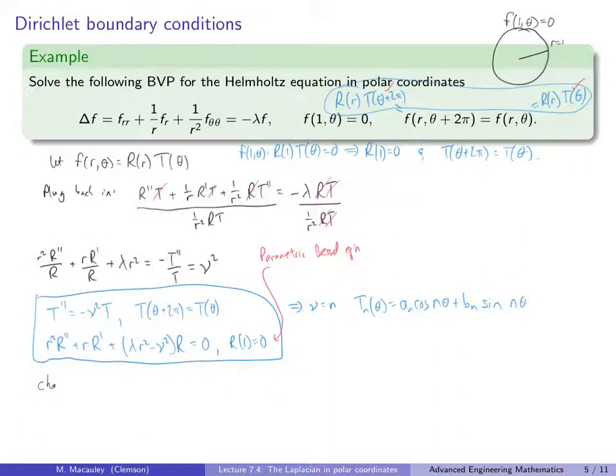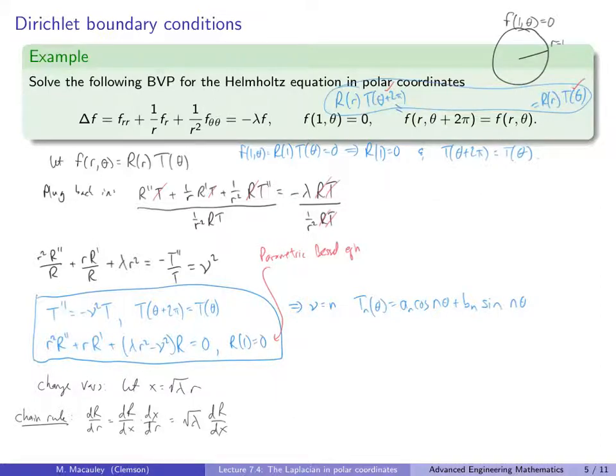So we'll change variables. I'm going to let x be equal to square root of lambda times r. And then by the chain rule, dR/dr, you have to be careful, is dR/dx times dx/dr. That just reduces down to the square root of lambda times dR/dx, because this guy here is root lambda.